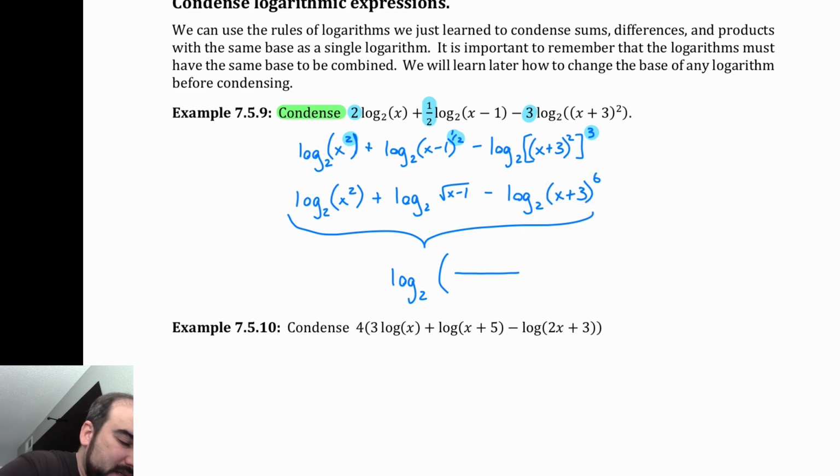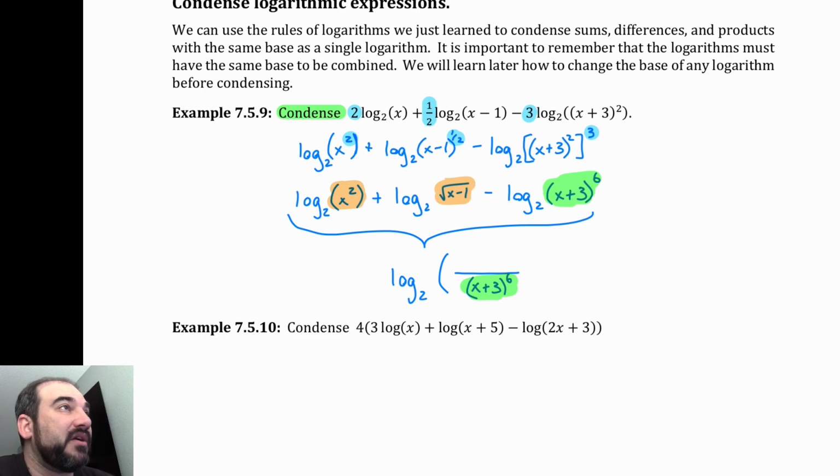So we're going to take this expression, and that's going to go in our denominator. So x plus 3 to the 6th power will be my denominator. And then any positive log expression is going to end up being a factor of the numerator.